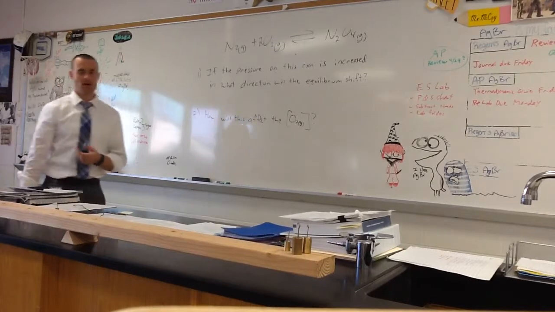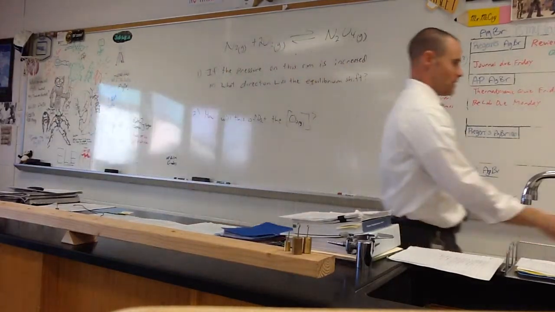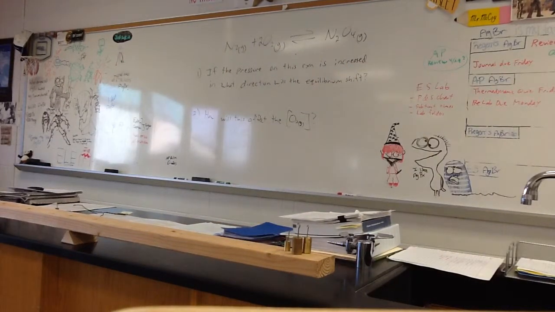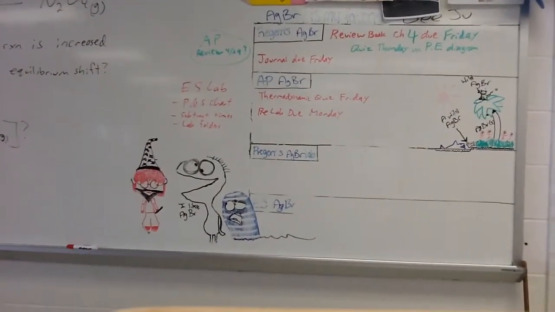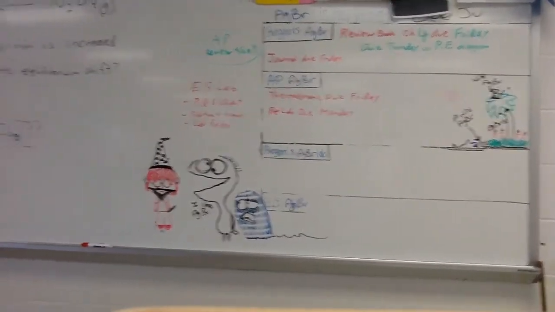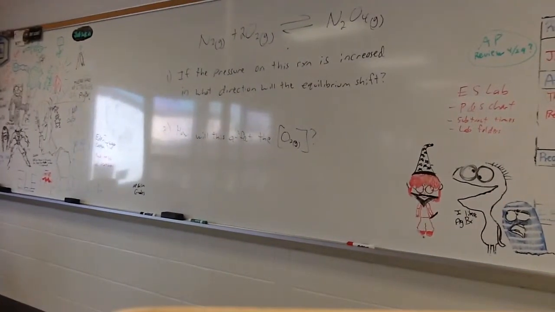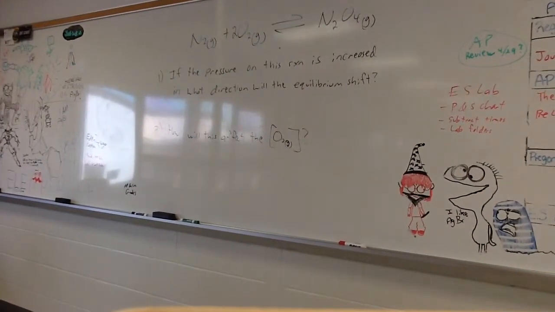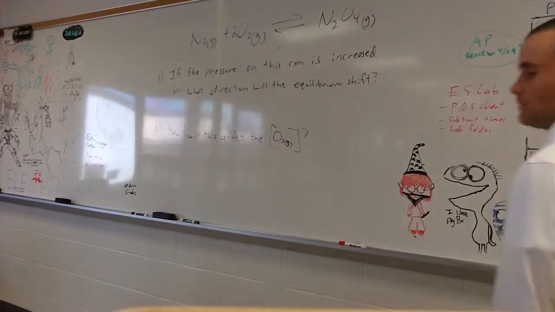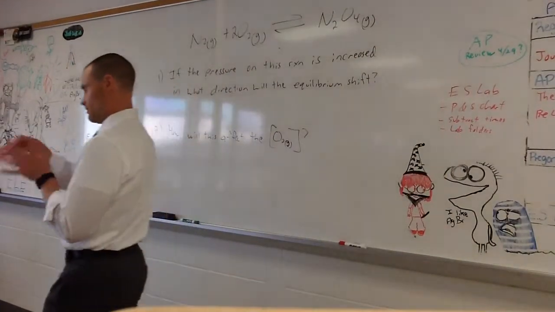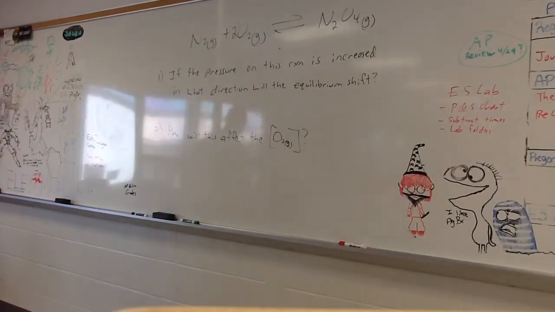Now that's kind of weird, but that's how it works. So go ahead, write that down. And then when I say talk, you can meet with your people and discuss the answers. So I'm going to walk around and see what you're writing first, then I'll have you discuss.